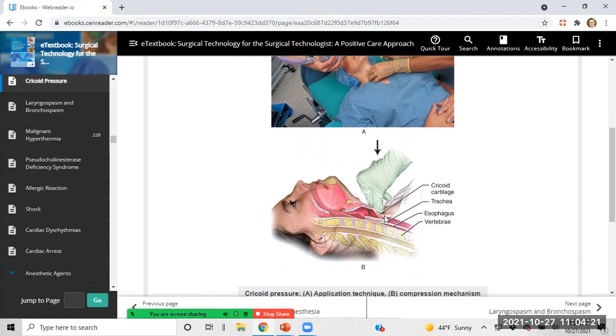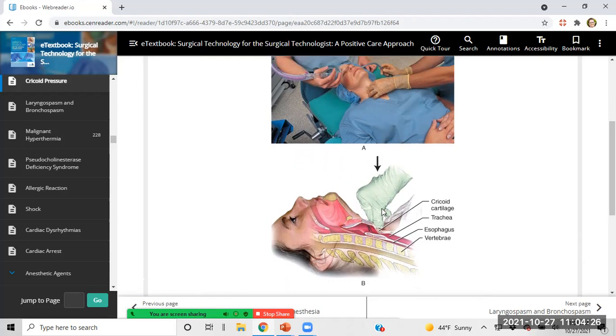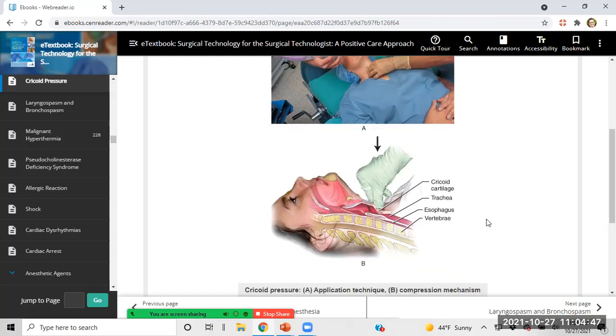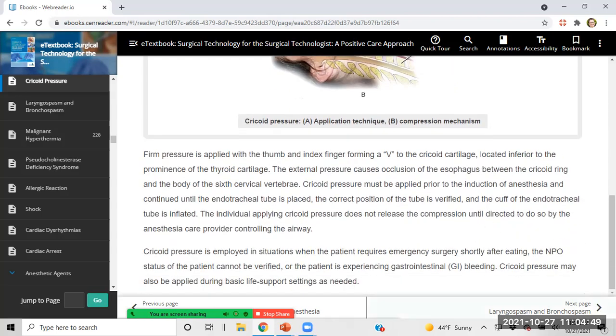When you're applying cricoid pressure for them, it will help direct the tube into the right space. Anesthesia may ask you, maybe before you're sterile, if you can apply cricoid pressure, and that is it. You're just going to place hand, finger, and thumb over that cricoid area, which is a bony area, and put downward pressure, and that way they're able to intubate fairly easily.